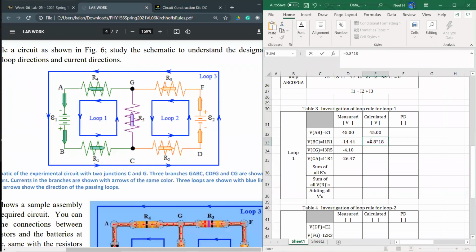I should add that negative sign according to the sign rule. So you need to multiply this by negative 1. Then you should get about the same number. You see there's a rounding error in the last decimal place, but it's almost perfect. Okay, that's the idea. So Ohm's law is still valid.